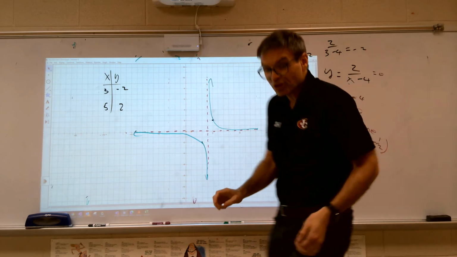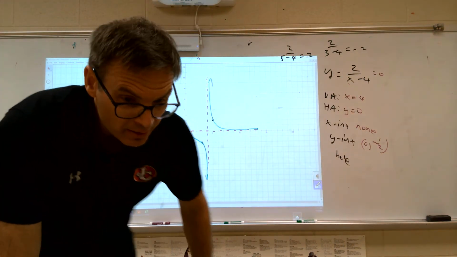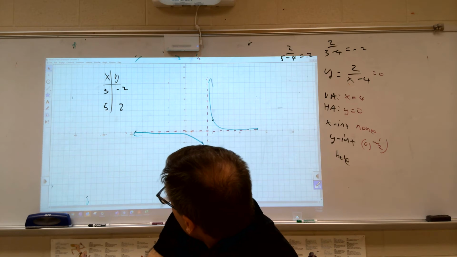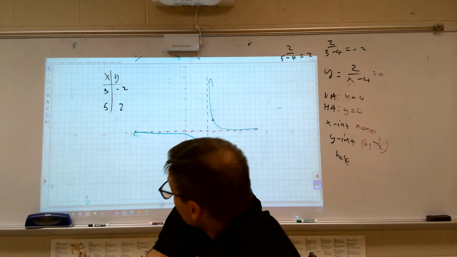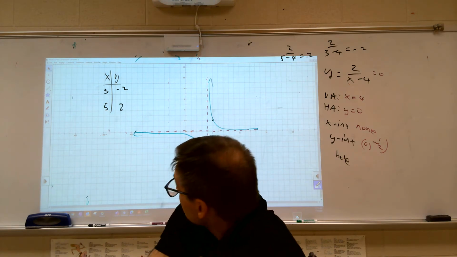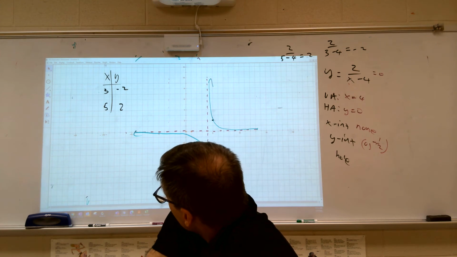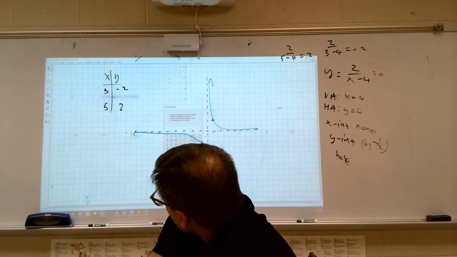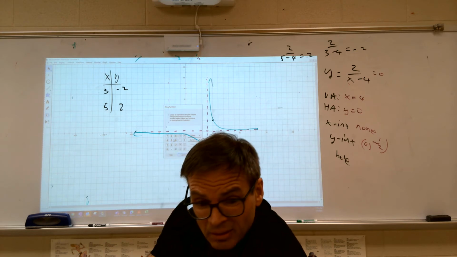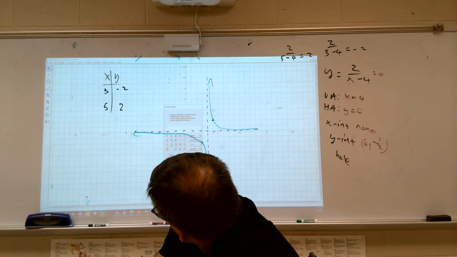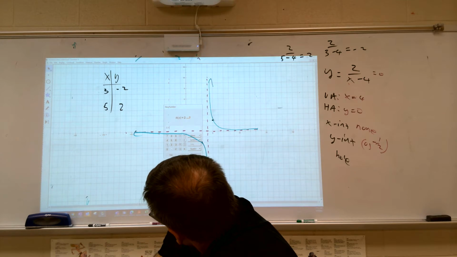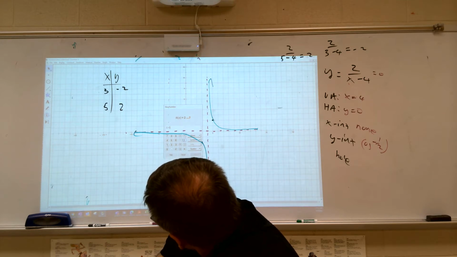Now, if you're curious, as my high school self would have been, but again, I'm weird, where is this? Let's plot a new function: 2 divided by x minus 4.